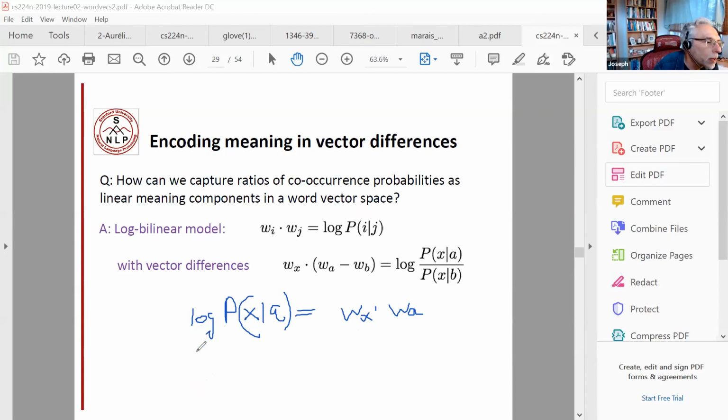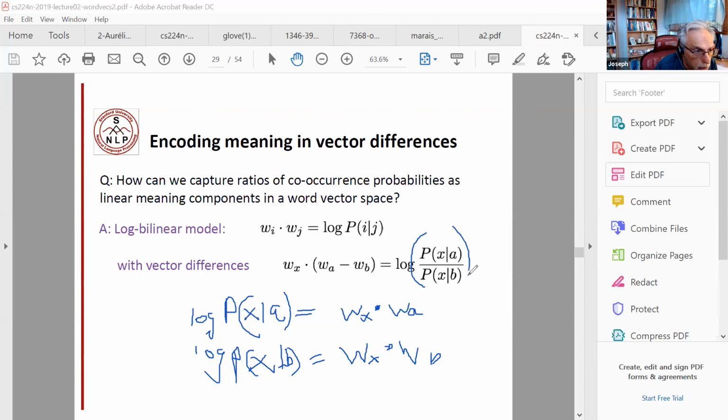And then the log of p of x given b is just going to be wx dot wb. Okay, so now if you take the log of this thing, that's just going to be the difference, log of p of x given a minus log of p of x given b.